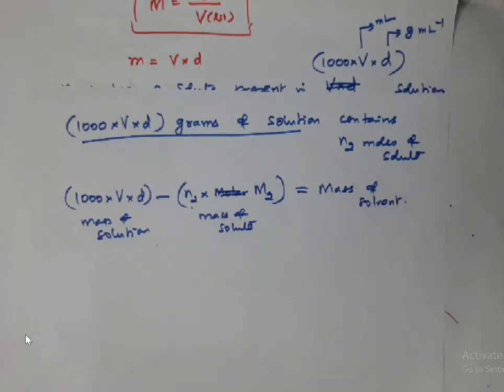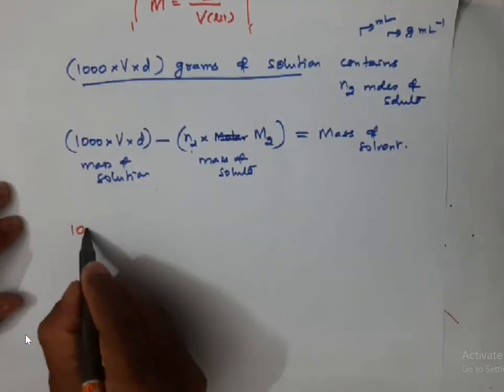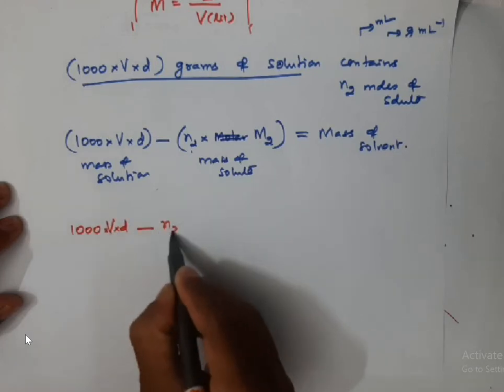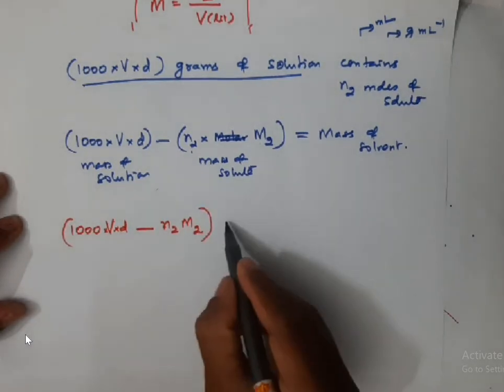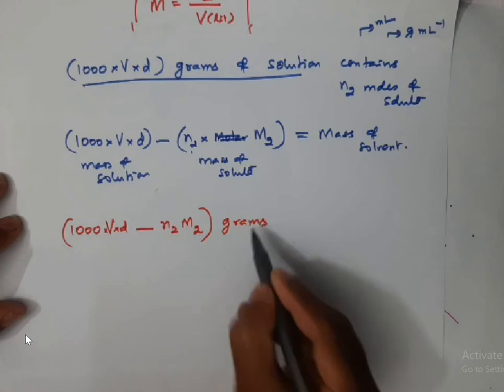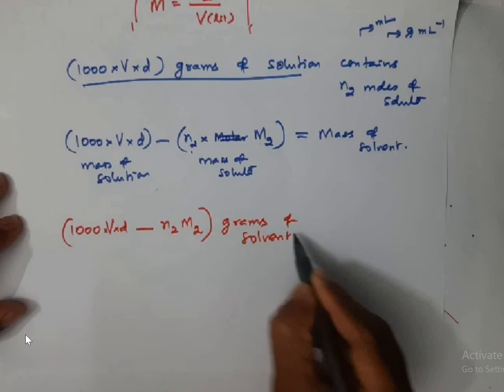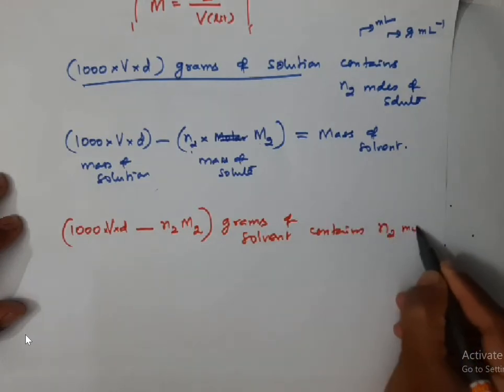So now listen. 1000 into V into density minus N2 into M2. This much grams of solvent, students, observe carefully, this much grams of solvent contains N2 moles of solute.